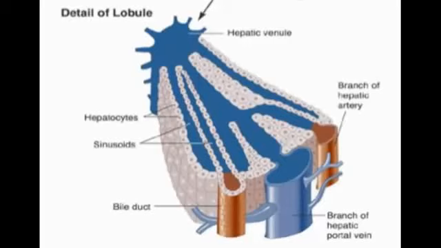So in that structure, we have direct communication between the non-oxygenated blood full of nutrients and the oxygenated blood. This is the place where the oxygen reaches the nutrients and all the metabolism starts. It is like opening the door of a stove to have more oxygen so the fire goes stronger.